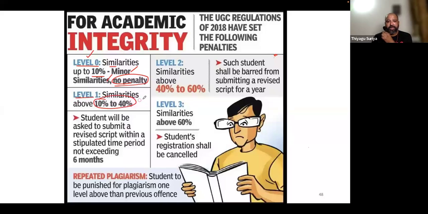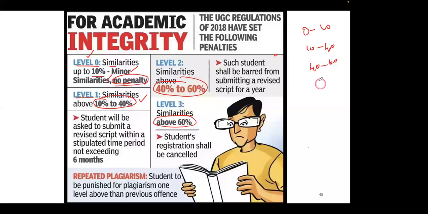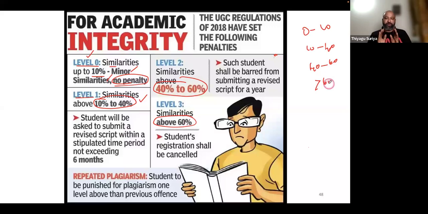Kindly check this percentage. Level 2 is 40 to 60%, and level 3 is above 60%. So the categories are 0 to 10, 10 to 40, 40 to 60, and 60 above. There are 4 levels of plagiarism.